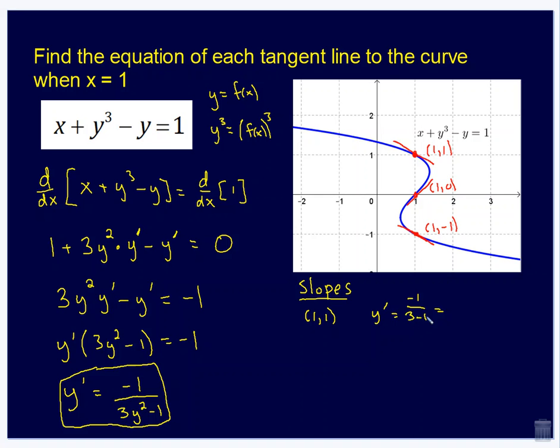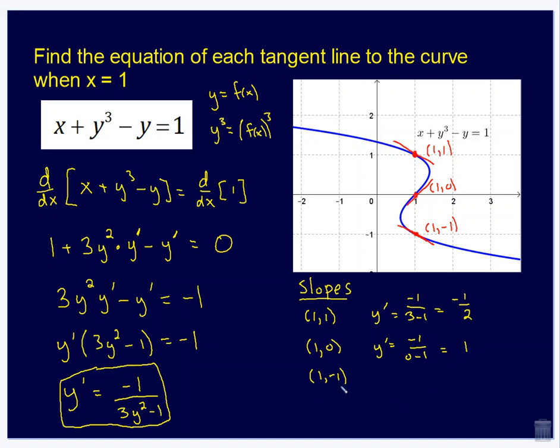And so ultimately my slope is negative 1/2. If I'm at the point (1, 0), my slope is negative 1 over 3 times 0 minus 1. And therefore my slope is negative 1 over negative 1, which is positive 1.